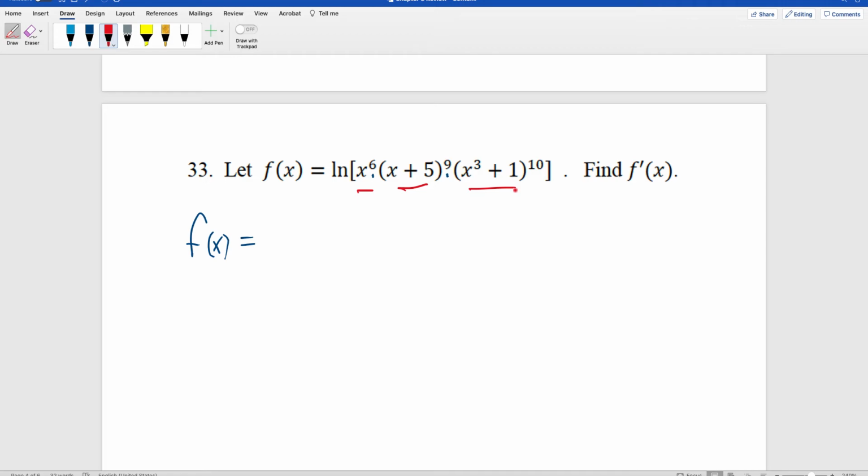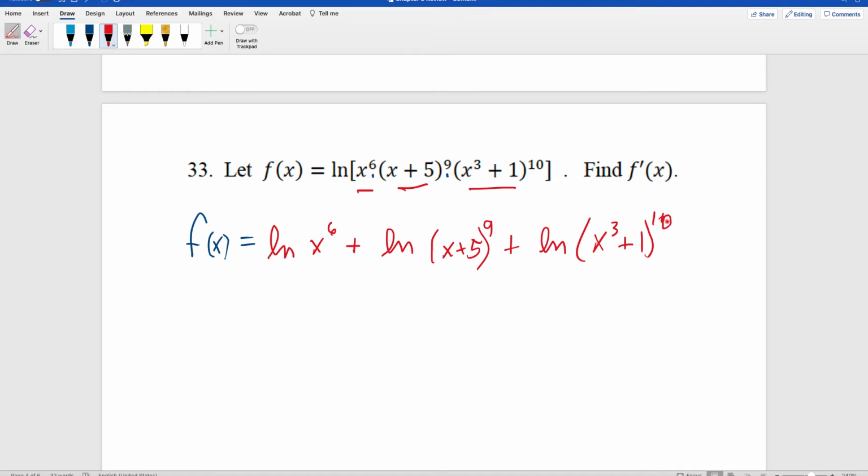Addition. Excellent. And that's what's going to make this easier to work with. So this now becomes natural log of x to the 6 plus natural log of (x plus 5) to the 9th plus natural log of (x to the 3rd plus 1) raised to the 10th.